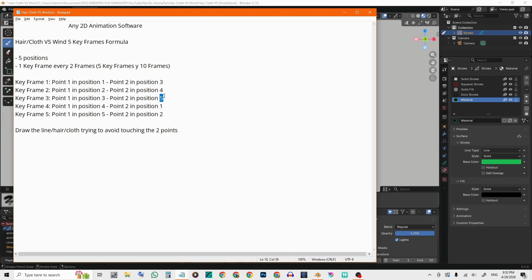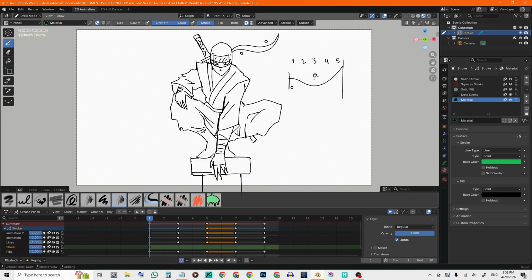And because 5 is the last position, it has to reset or restart, and it goes back to 1 and 2. And here, as you can see, if it ends in 2, it's ready to create a cycle to go back to position 3. Alright, so here it is. It moves to 4, and then it moves to 5, and then it moves back to 1 because the positions are finished. Alright, so let's try to replicate that right now.